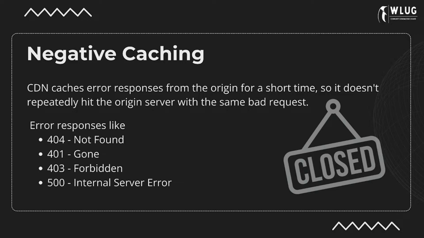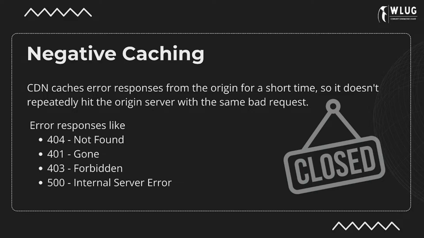So now another fun concept is negative caching. Negative caching refers to caching error responses. These error responses can be like 404 that we're all familiar with, not found. When these types of responses occur, again, what will the flow be? We'll go to the edge server first.